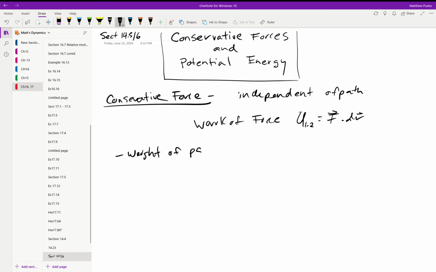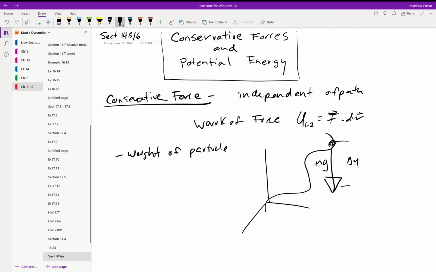We talked about how it doesn't matter how you take a particle through space, only the direction that lines up with the gravitational force. So if we have mg pointed down and some delta y that it traveled from 1 to 2, all that matters is that delta y, and we showed that earlier.